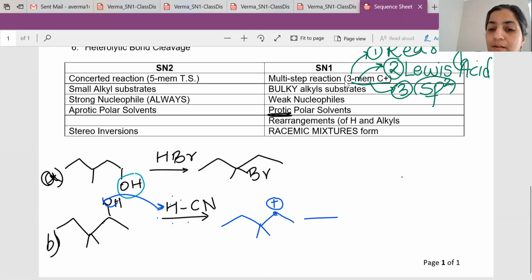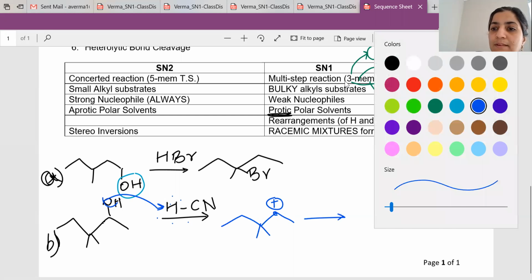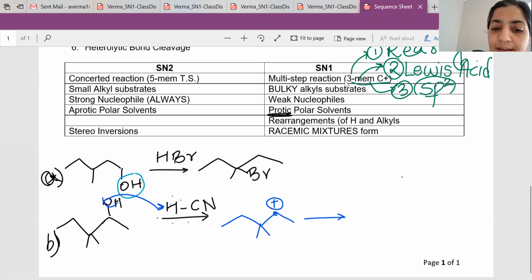At this point, the molecule scans its surroundings and observes that it can become a tertiary carbocation. Now both of these groups are the same, so one of the methyls shifts.